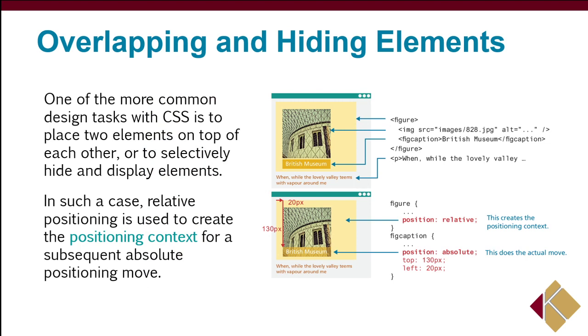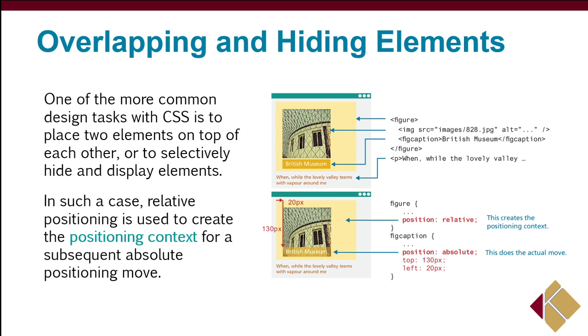Which brings us to overlapping and hiding elements. So you notice that when we just went over, it was covering up those elements. You may need to place two elements on the top of each other. So instead of using a figure caption here, it's positioning that label over the picture. The way that you do that is to use absolute positioning.